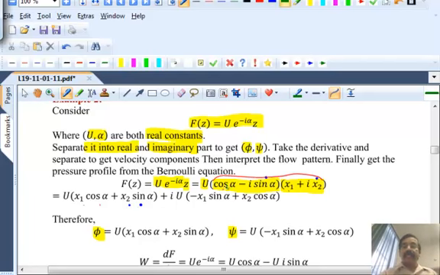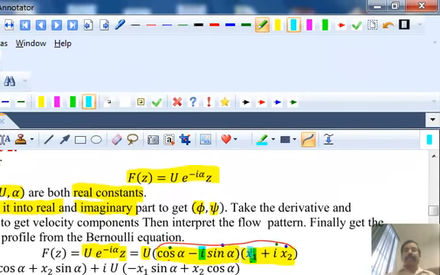And when you take cos alpha with i x2, you get an imaginary part, so there will be x2 cos alpha. And i sin alpha with x1 will also be imaginary. So there are four terms, but they are regrouped: one grouping the real part, the other grouping the imaginary part.